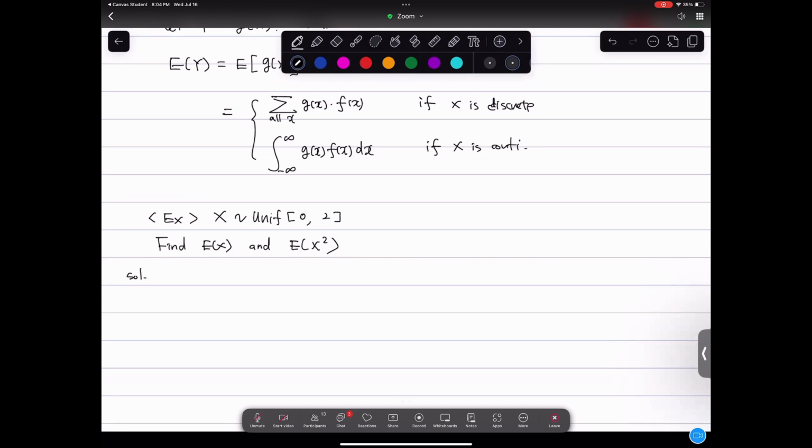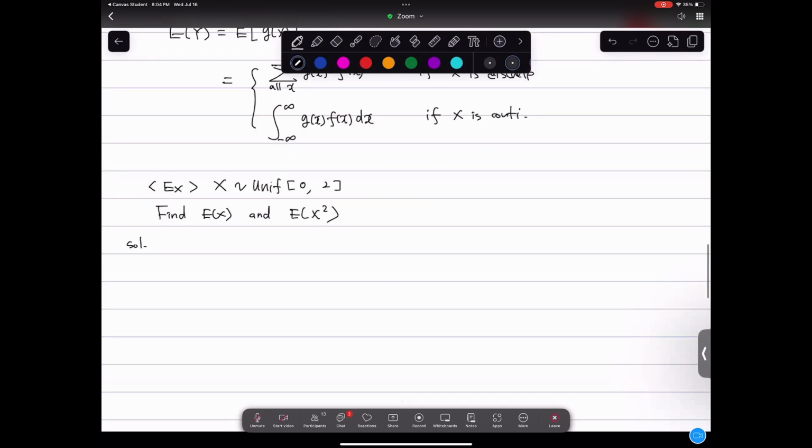So first of all, I need to know my PDF of x, which is going from 0 to 2. It has to be constant. Then I have to get the height of the function. So my f of x must be 1/2 for x from 0 to 2.